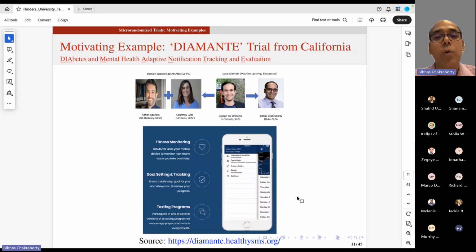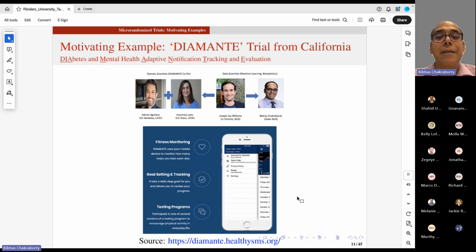I'll go to a more complex example, and then later on come back to Drink Less again. So this is a trial from California in the US. This is called Diamante, an acronym for Diabetes and Mental Health Adaptive Notification Tracking and Evaluation. I got connected to the PIs through a common friend who is a computer scientist.